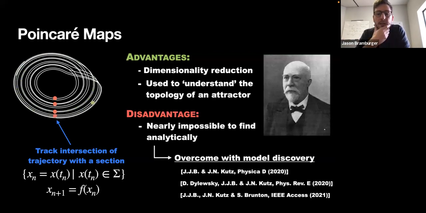And this is where a lot of my work has been focused: bridging this gap between a specific system that you want to work on and all of the theory that we've developed for these Poincaré mappings. In particular, I've been using model discovery algorithms in order to identify some of these Poincaré maps.